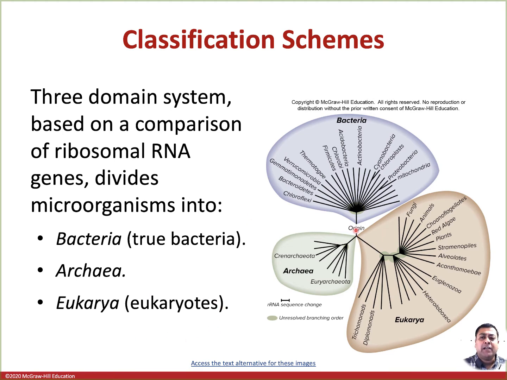They found that we had a common ancestor, and from this common ancestor, after the origin of life, the bacteria developed independently, and the Eukarya and the Archaea had a common origin and then diverged into the Archaea, divided into different groups, and the Eukarya, into different groups. So this was a complete shift in the understanding of how we classify microorganisms. You can see the fungi, the animals, algae, plants, and us are just next to each other in relationship.